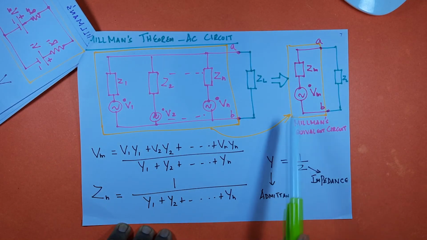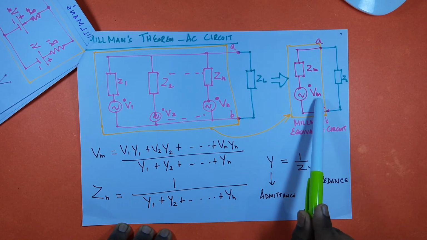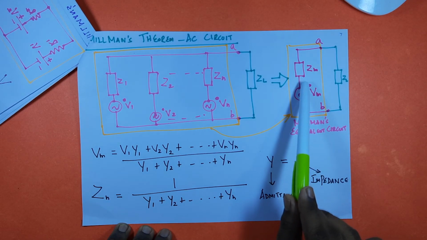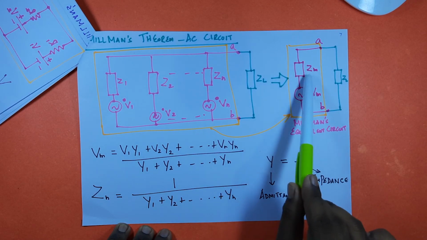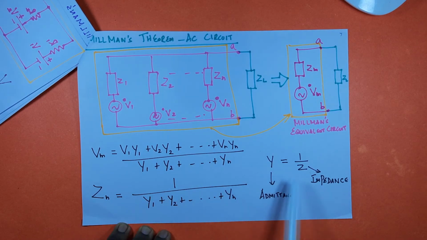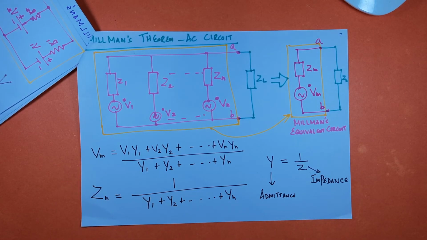You get the Millman equivalent circuit with a single voltage source Vm in series with the impedance Zm. Y is nothing but admittance, which is 1 by Z, the reciprocal of impedance. So Vm is given by V1 Y1 plus V2 Y2 plus etc. plus Vn Yn divided by Y1 plus Y2 plus etc. plus Yn.